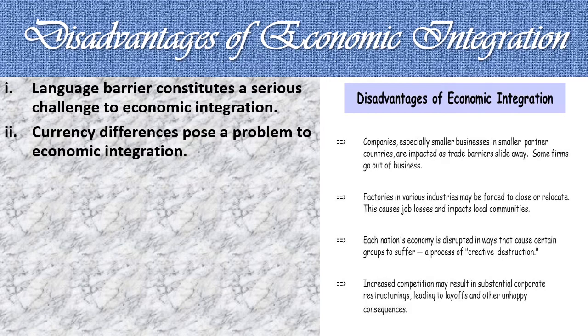Number 2, currency differences. Most of the economic integration do not have a common currency that can be used within the sub-region, and this constitutes a big problem to effective integration.